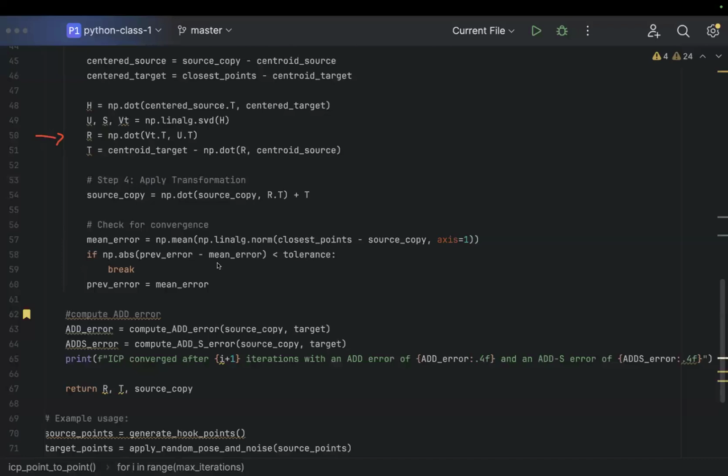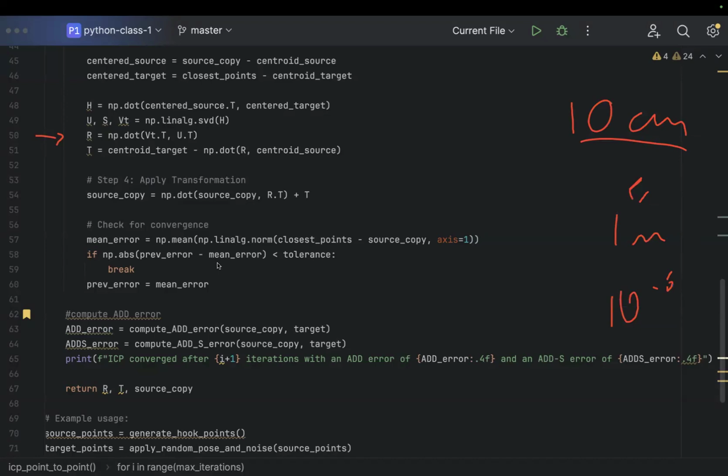So I'm starting with a big error. Let's say I start with an error that is like 10 centimeters, the mean absolute error between the points of my model and the points of the detection. Again, I reduce this to 1 centimeter. Say that my tolerance is 10 to the minus 6, so it's pretty low. I keep reducing it.